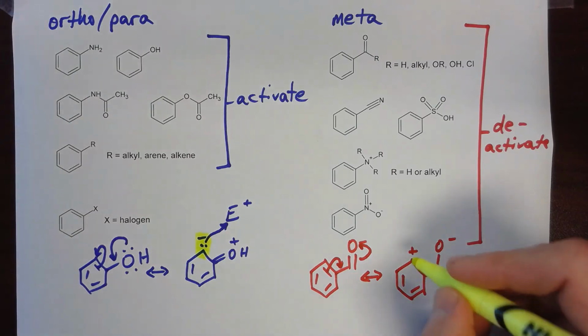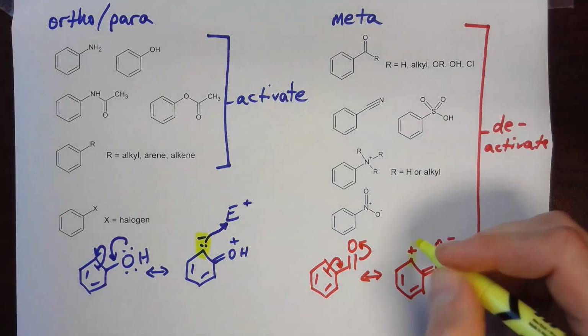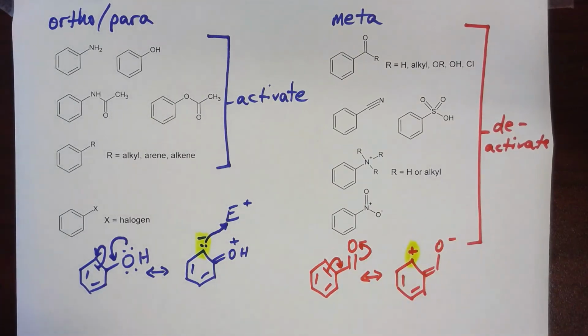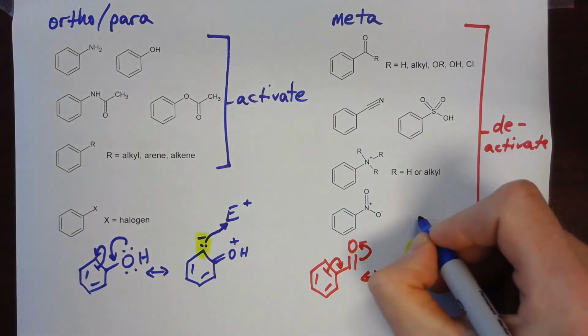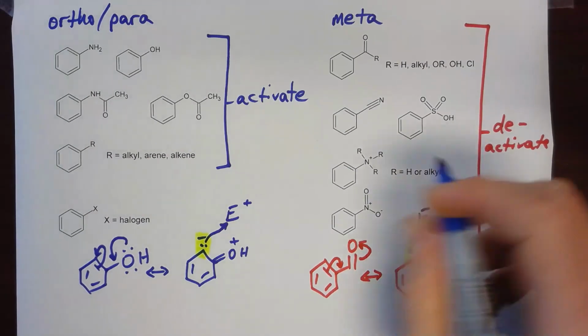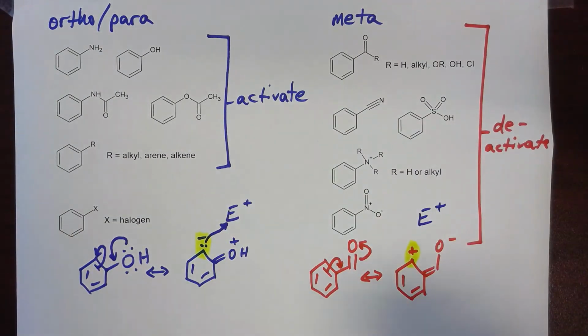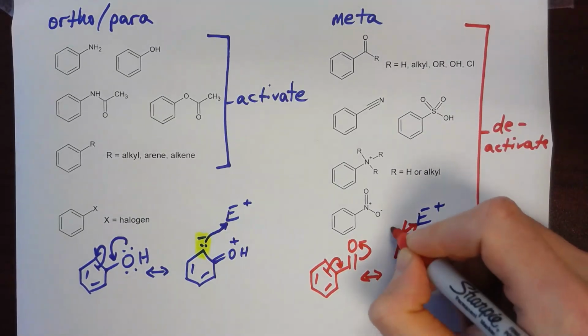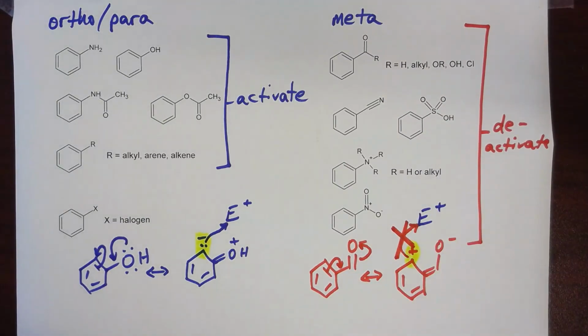So this positive charge, so it's a partial positive charge that exists on the ring, makes these less reactive toward electrophiles. So when an electrophile is around, we have a positive plus a positive. This doesn't happen. So we don't have very fast reaction with electrophiles if I have a strongly deactivating group.